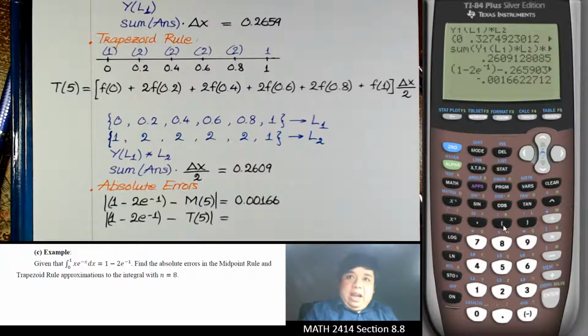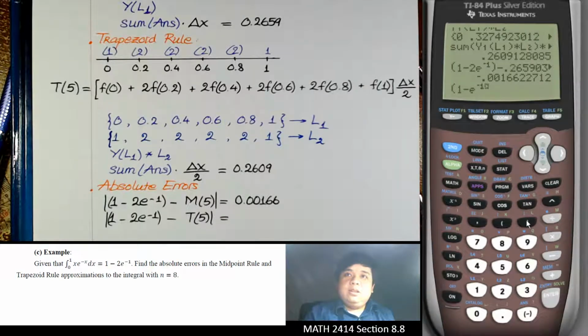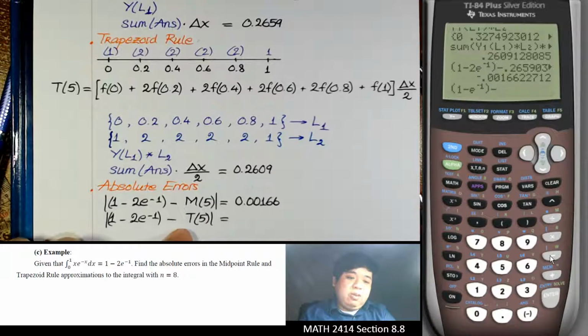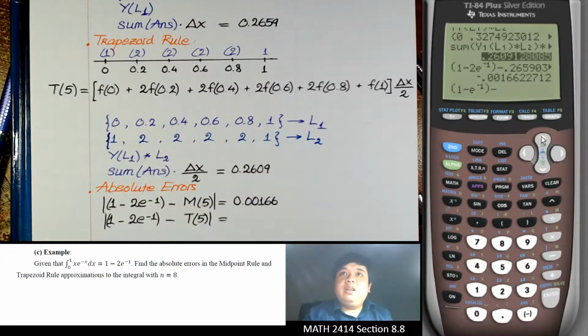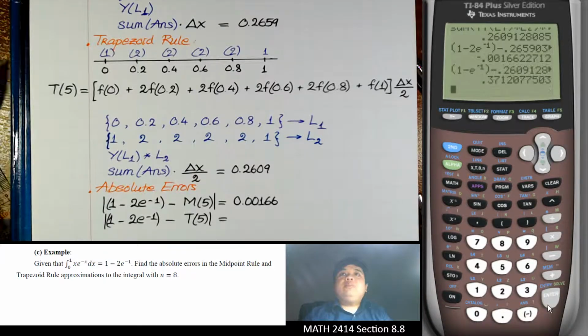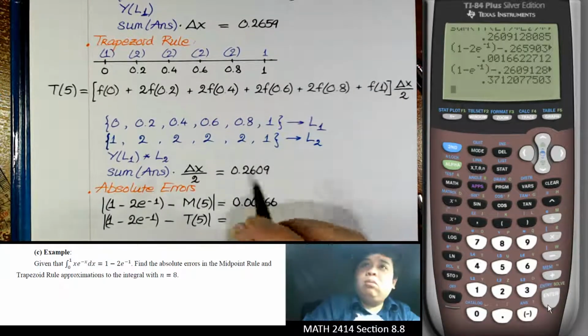Right, and then we take that number, subtract T5. T5 is this. Highlight, copy and paste, and we have this.